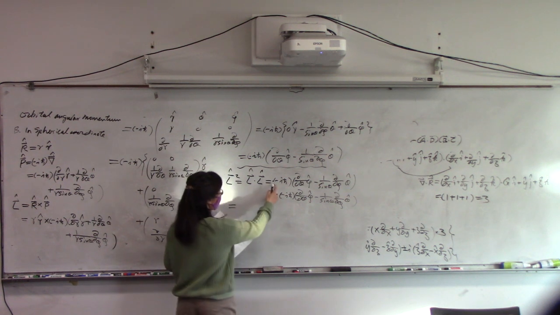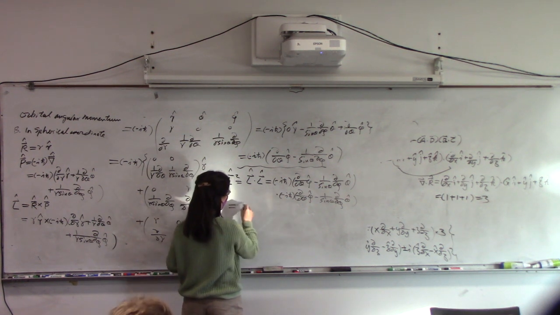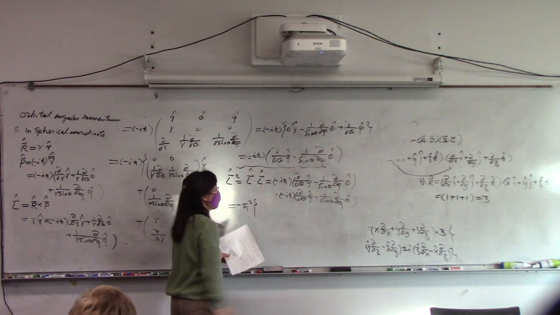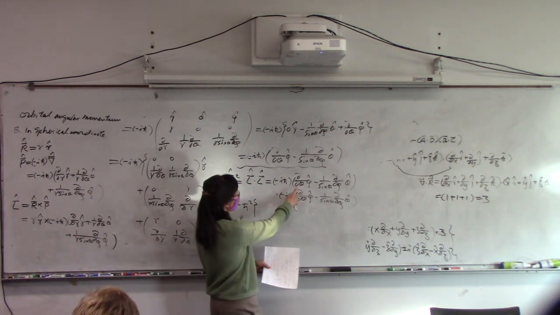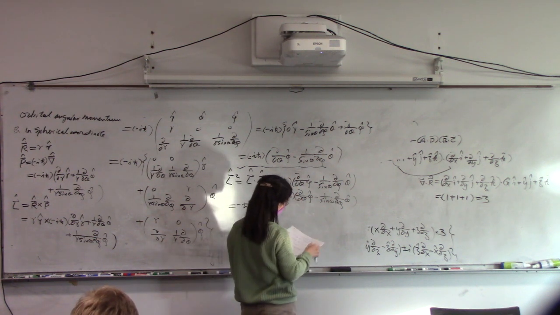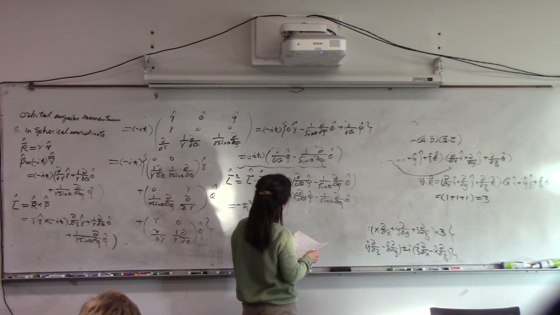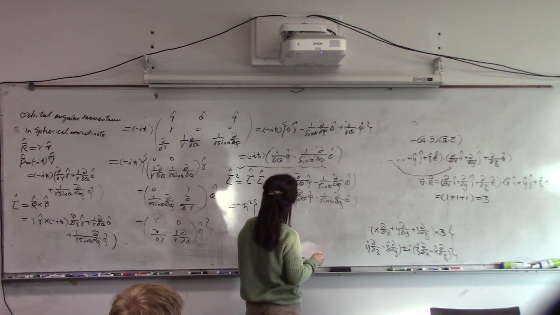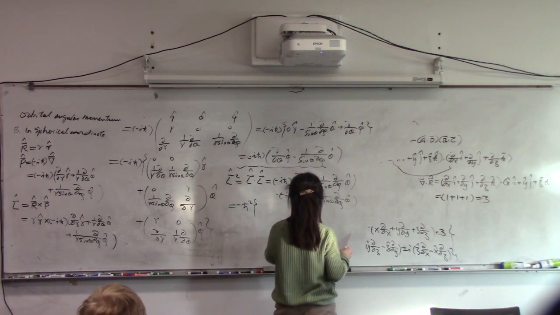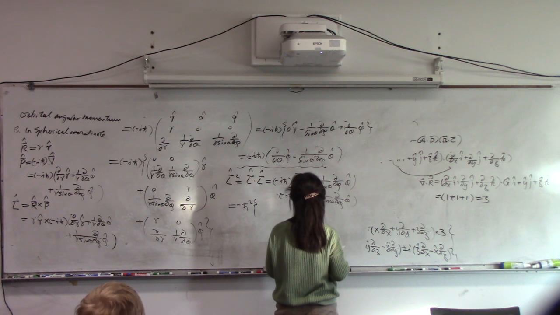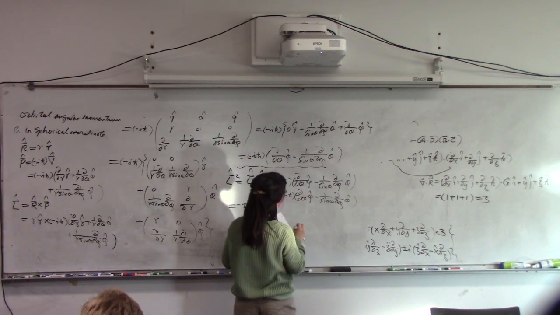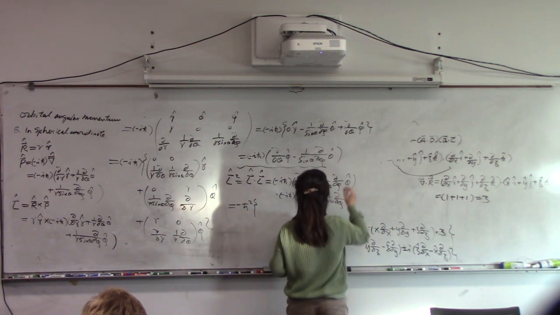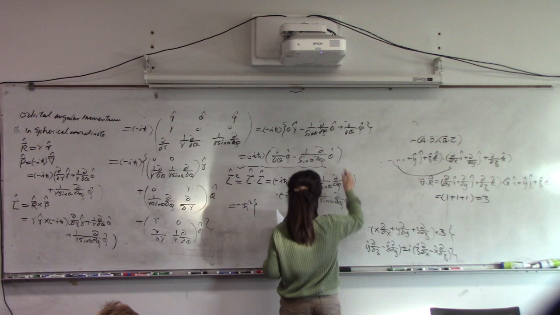First the constants: minus and plus, so we have minus and plus grouped. Inside we need to be careful.